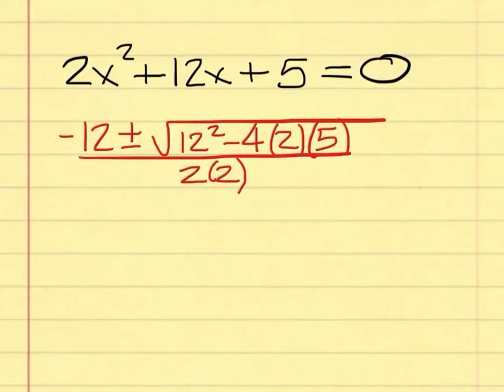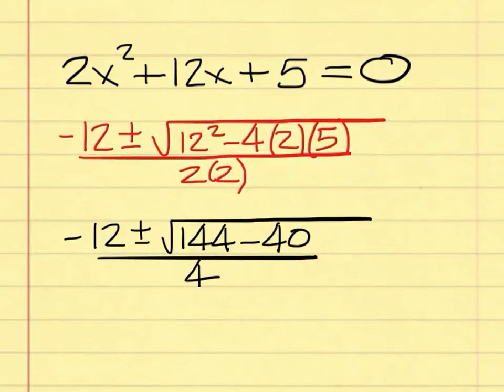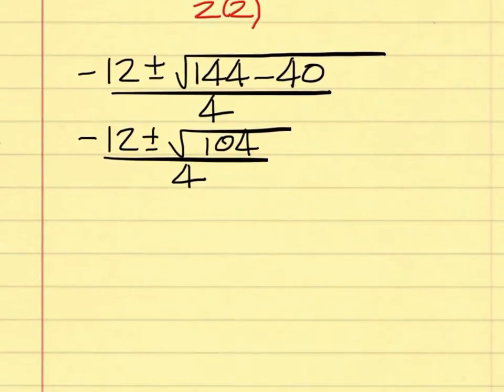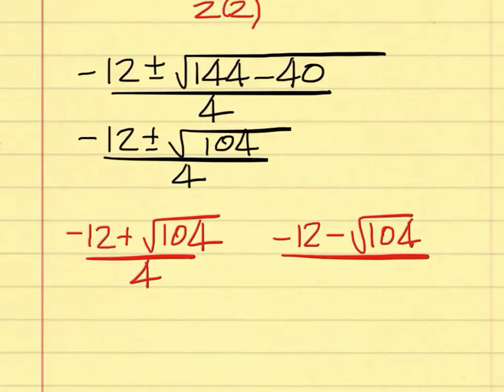So now it's going to be negative 12 plus or minus the square root of 144 minus 40 over 4. And then under the square root sign we're going to end up with a 104, which is not a perfect square. So that means we need to do negative 12 plus the square root of 104 over 4 and negative 12 minus the square root of 104 over 4.